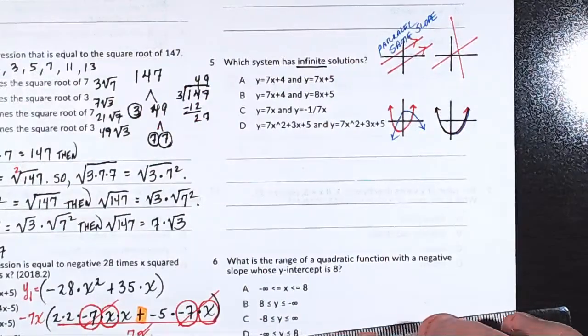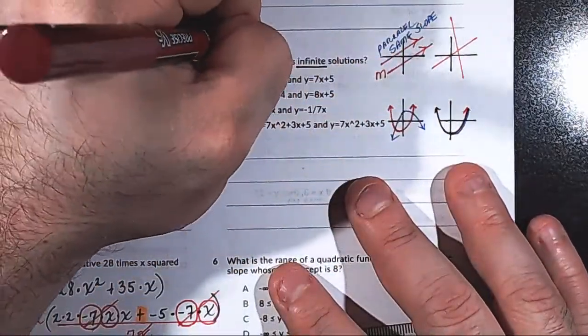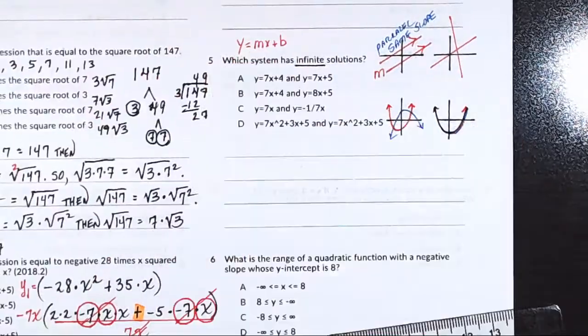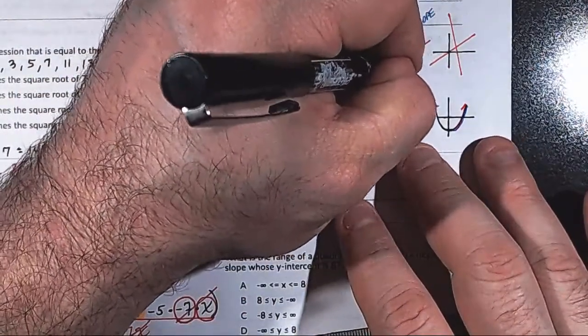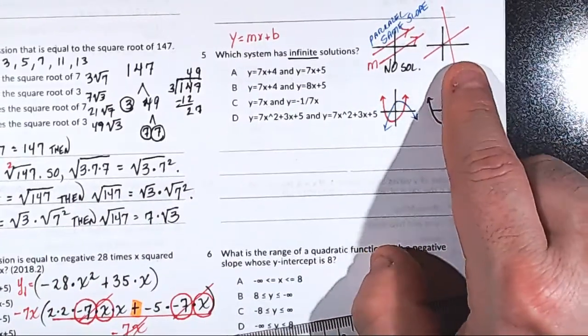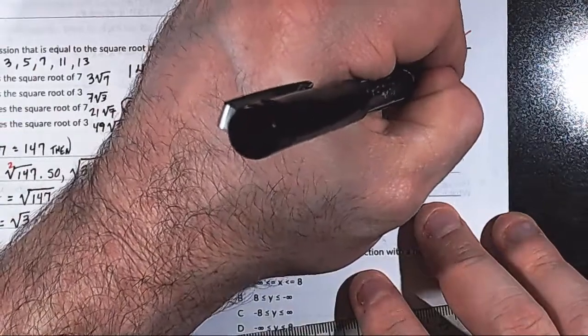And since slope is represented by the letter M, and we know that y equals mx plus b, anywhere we have m repeated, we have a slope that is the same, therefore we have parallel lines, and a system that has parallel lines has no solutions. So this has no solutions. All right? So here we have one point where they cross. So this has one solution.